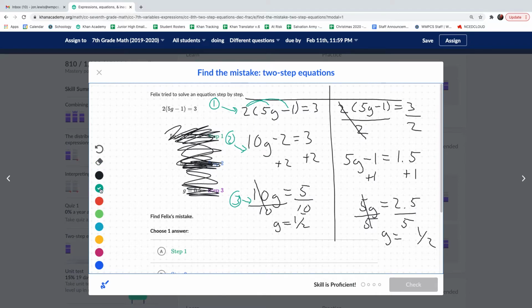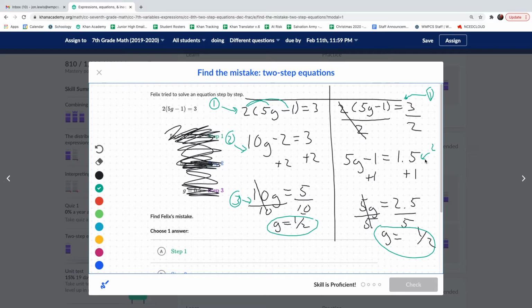So if you notice, both methods got me the same answer. However, in this problem, my step 1 was a reverse distributive property. I was working backwards. Once I've done that, my step 2 is basically the same as before: we get rid of the adding or subtracting.